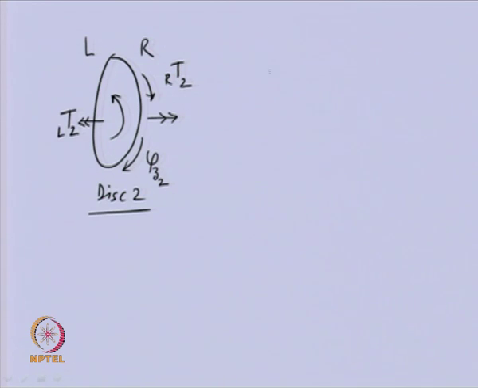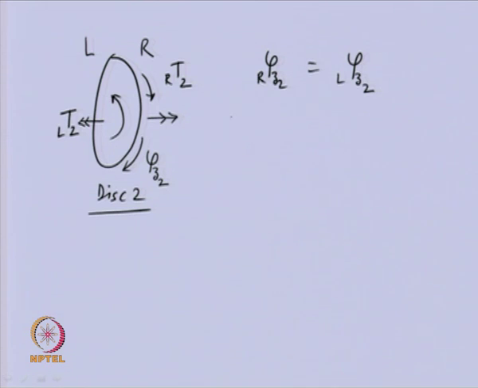So, we can write that the angular displacement on the right of disk 2 is equal to the angular displacement on the left of disk 2, because the disk is very thin.